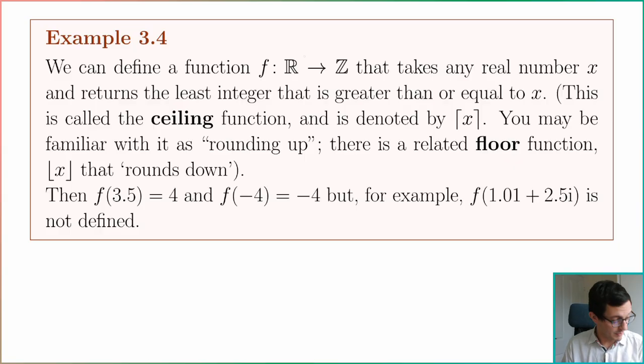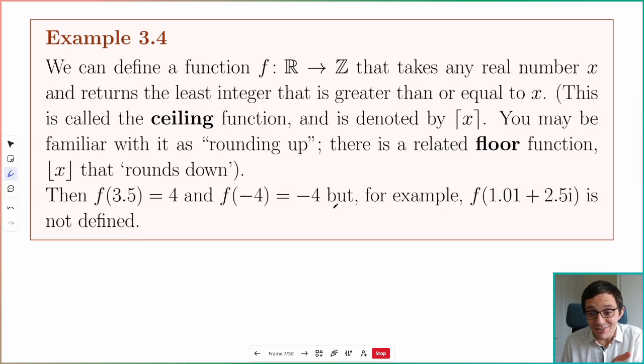We'll see other examples in a second, but let's note that you could define a function that does something similar but takes real numbers and returns real numbers just by doing exactly the same calculation, because of course the things it's returning are real numbers. 4 and -4 here, they're real numbers. They happen to be integers, but they're also real numbers.